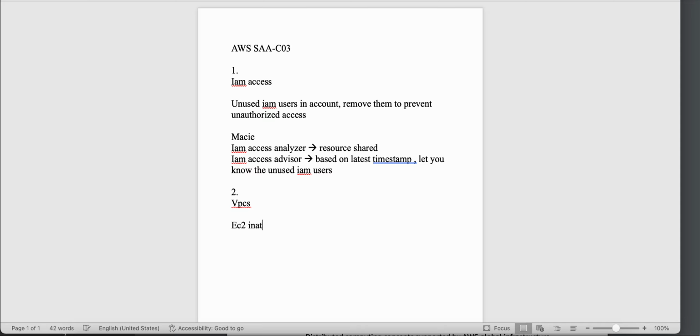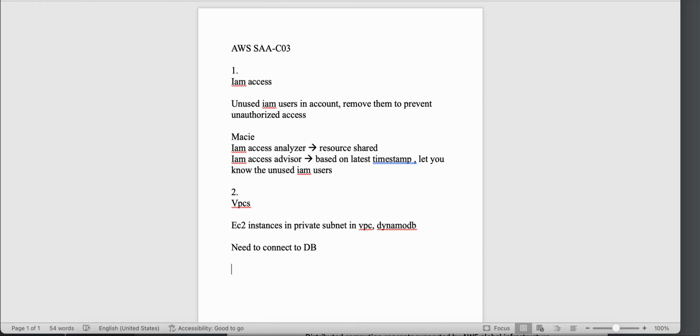So there were EC2 instances in a private subnet in a VPC, and there was also a DynamoDB in the picture. Now the EC2 instances need to connect to DynamoDB, the database. So how can you do that? The EC2 instances are in a private VPC and DynamoDB is outside the VPC.